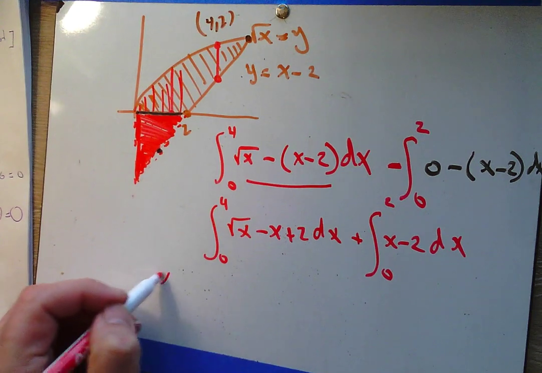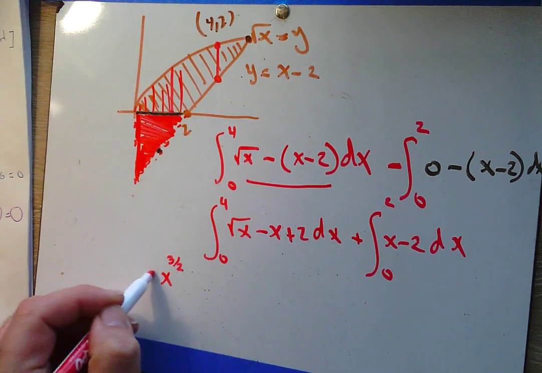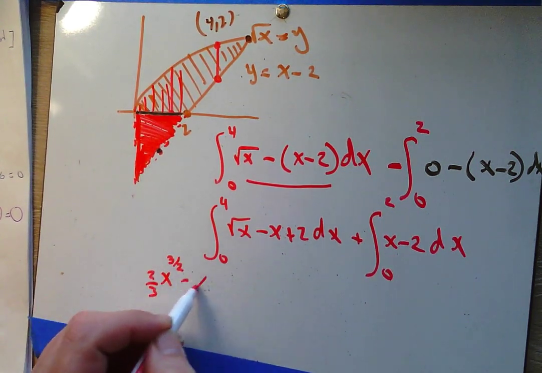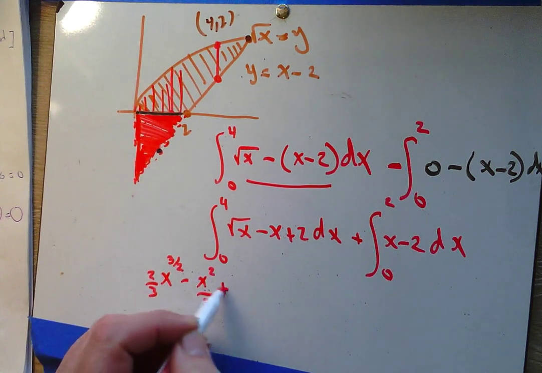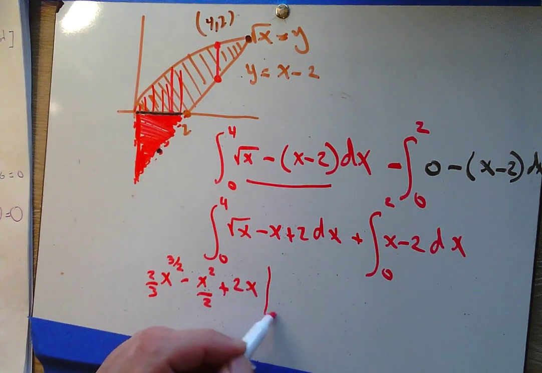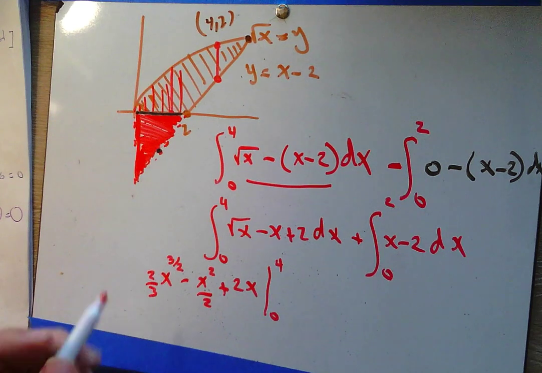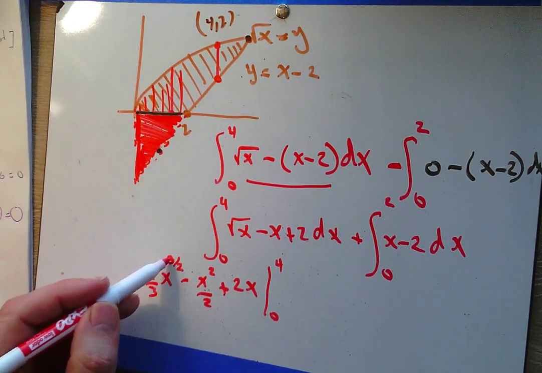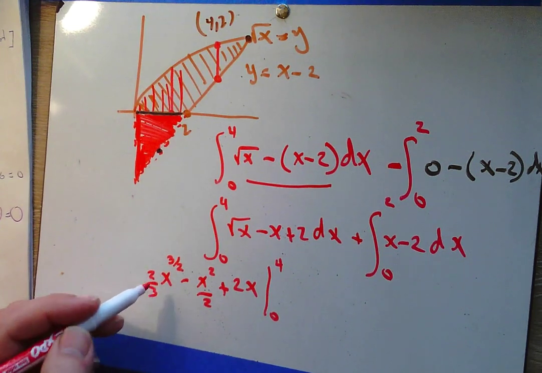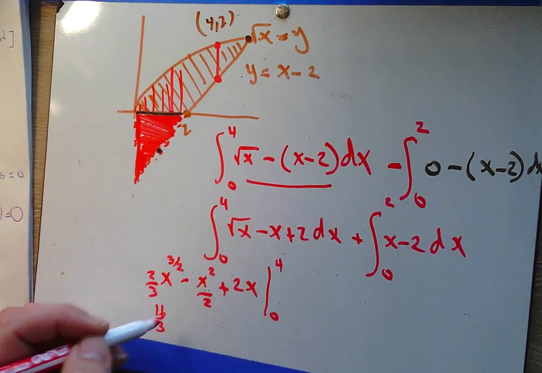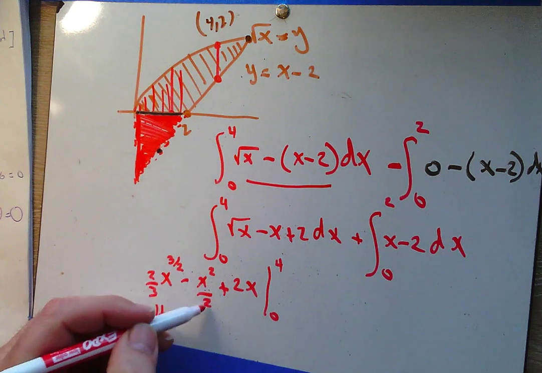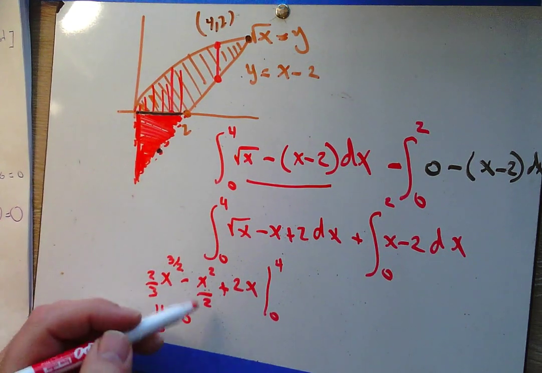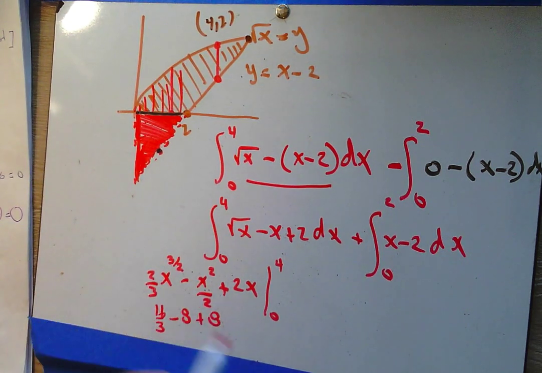Okay, so that's going to be (2/3)x to the 3/2 minus x squared over 2 plus 2x from 0 to 4, which is going to be square root of 4 is 2, 2 to the third is 8, 8 times 2 over 3 is 16/3, 4 squared is 16 divided by 2 is 8 plus 8.